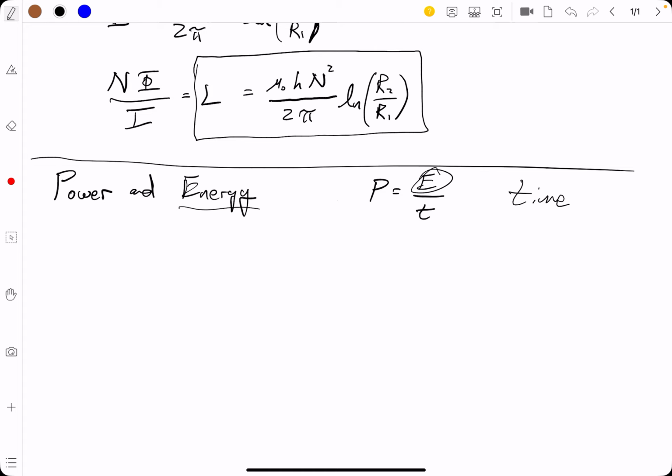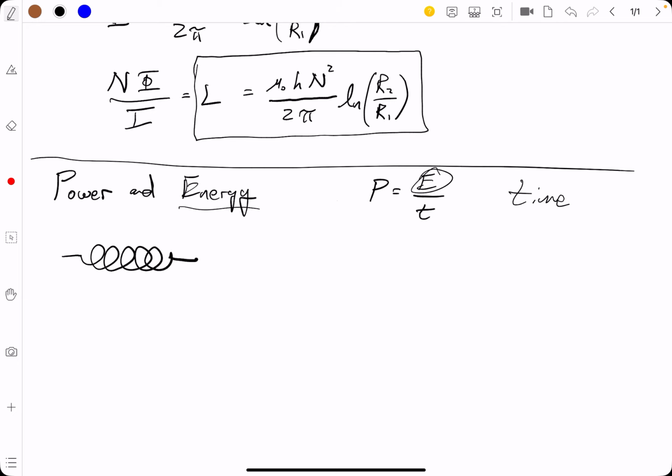So we are going to sum up energy as an energy density. Let me put it a different way. We've got some inductor, okay?